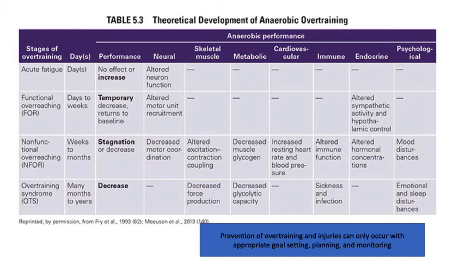We see a decrease in force production, decreased glycolytic capacity due to inhibition of enzymes. We have effects on the cardiovascular system that's not noted here. With the immune system, you're sick and more susceptible to infections; you're immunocompromised. And then the psychological piece is you're emotional, you have lots of sleep disturbances, and you're extremely moody.